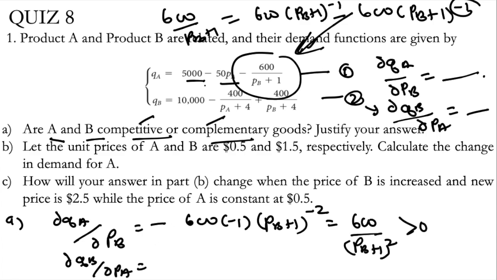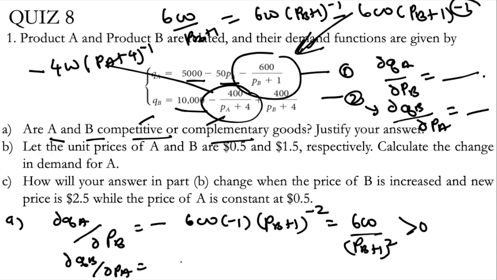Now, let's look at delta QB over delta PA. If I differentiate this with respect to PA, it becomes 0 because I don't see PA. This one, yes, PA exists. I can rewrite it as minus 400 times PA plus 4 to the power of minus 1. If I differentiate it, it becomes minus 400 times minus 1 times PA plus 4 to the power of minus 2, isn't it?